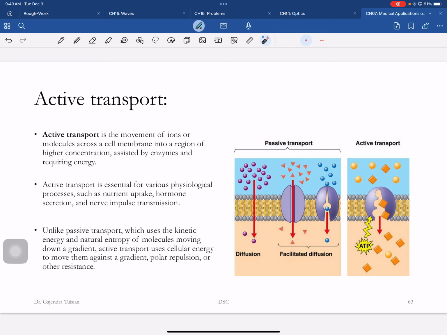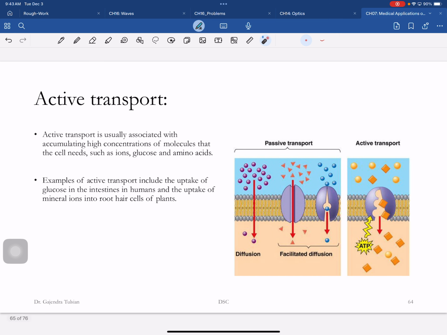So passive transport uses kinetic energy and natural entropy of molecules moving. Either you're moving stuff from a higher concentration to lower concentration, which will naturally happen.